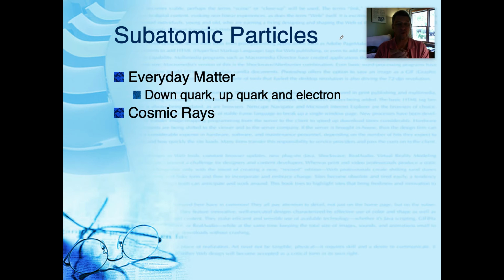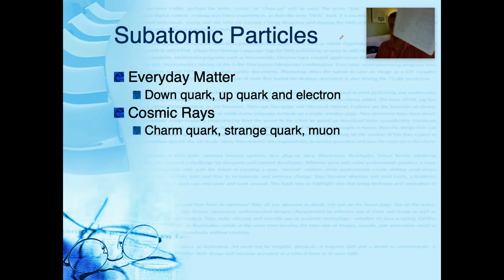Now, cosmic rays actually have a somewhat different makeup. They are composed of charm quarks, strange quarks, and muons. These are other different particles that you find, and they are all listed here, so you can look at them and put together what they might compose.